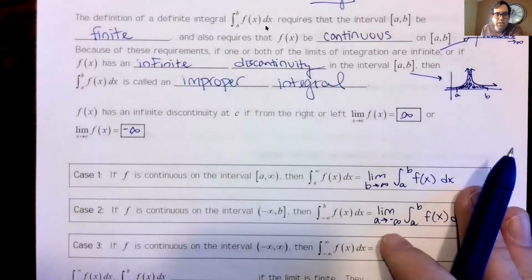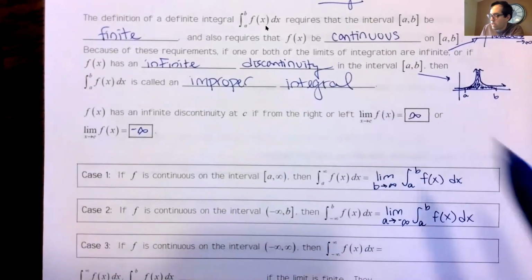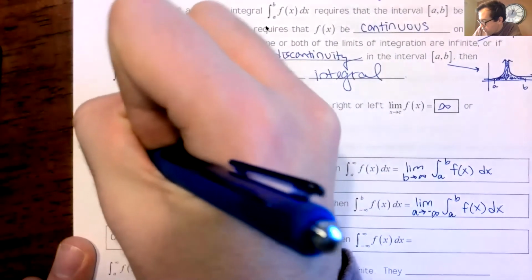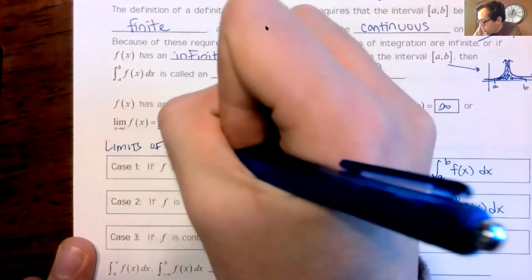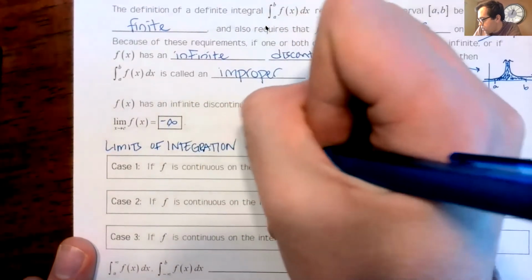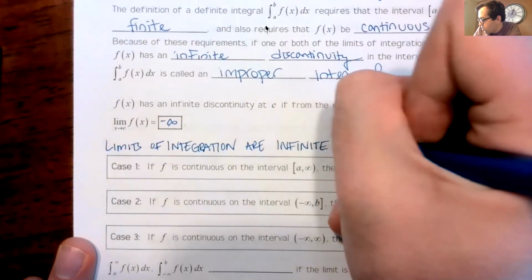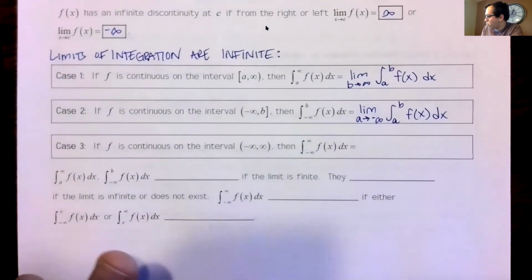So this is specific to the idea of limits of integration being infinite. I'm going to write that up here. So let's say the limits of integration are infinite. That's what these three cases are for.